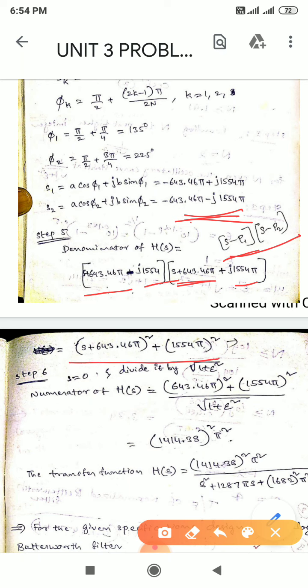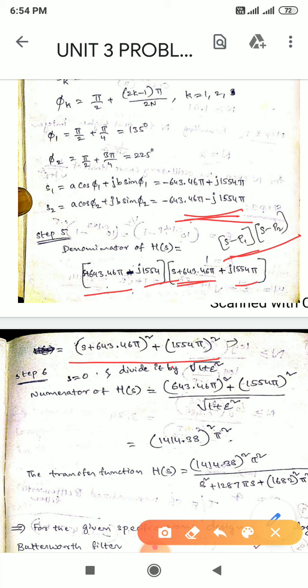I am writing it in terms of the a square plus b square form. Here a is what? s plus 643.465 pi whole square, plus, here minus a square minus b square form. a minus b into a plus b is equal to what? a square minus b square.